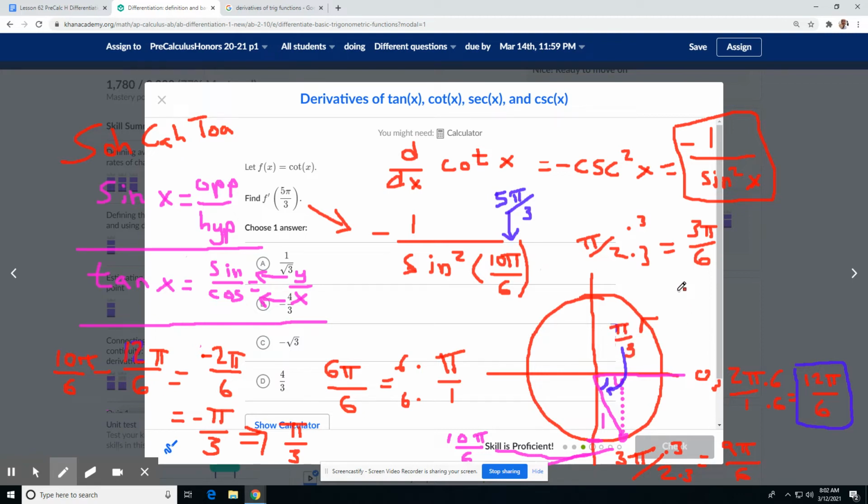Now for me, I have my degrees memorized, not my radians. So I'm going to go ahead and just convert that. So pi over 3 times pi on the bottom to cancel it, and 180. 3 goes into 180 60 times, and the pi's cancel. So this is a 60-degree angle.